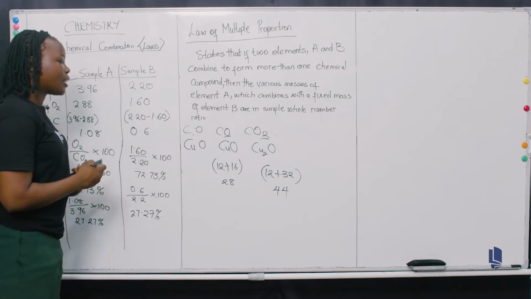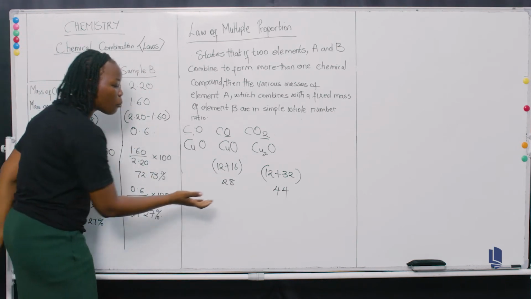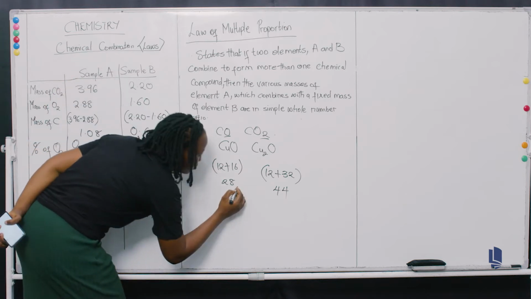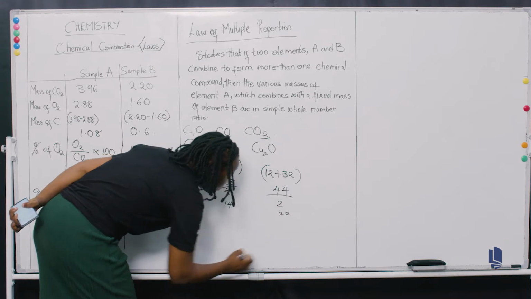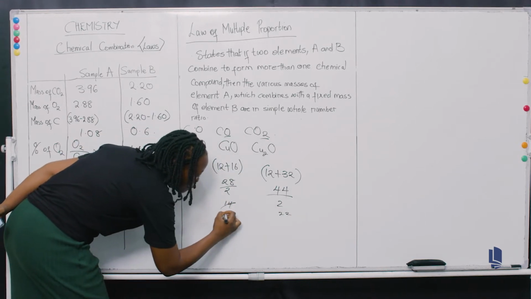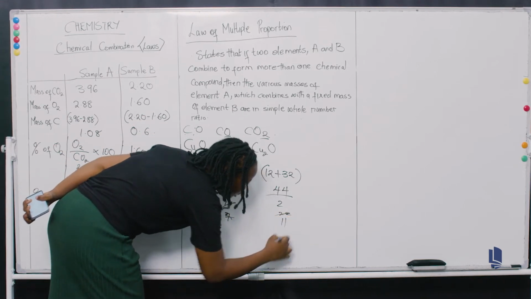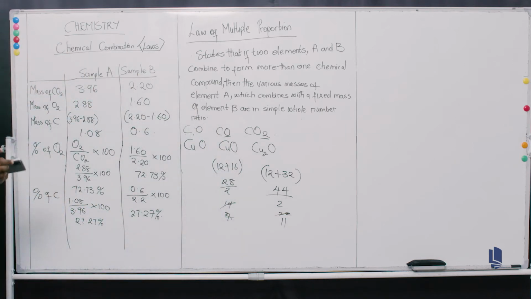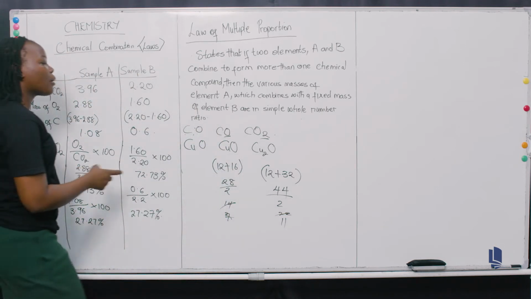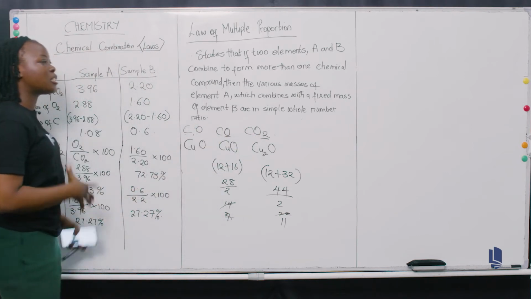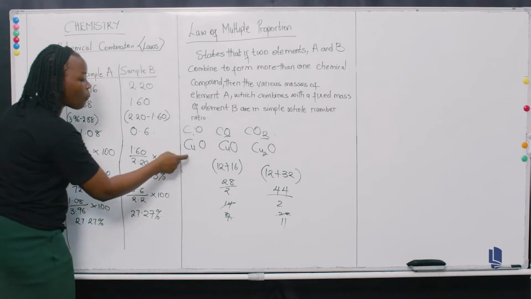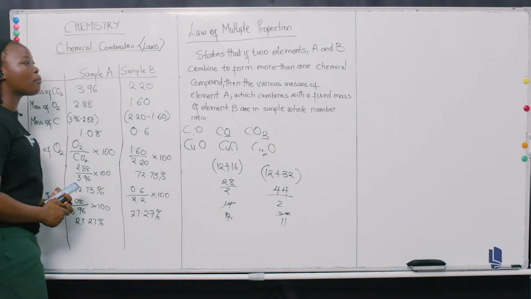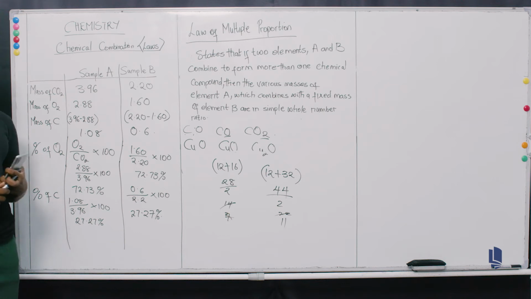If we break this down, half of 28 will be 14, half of 44 will be 22, a quarter will be 7, and here it will be 11. That means a fixed mass of carbon will combine with various masses of oxygen. Copper and oxygen work the same way. Let's solve a calculation question to verify this law.